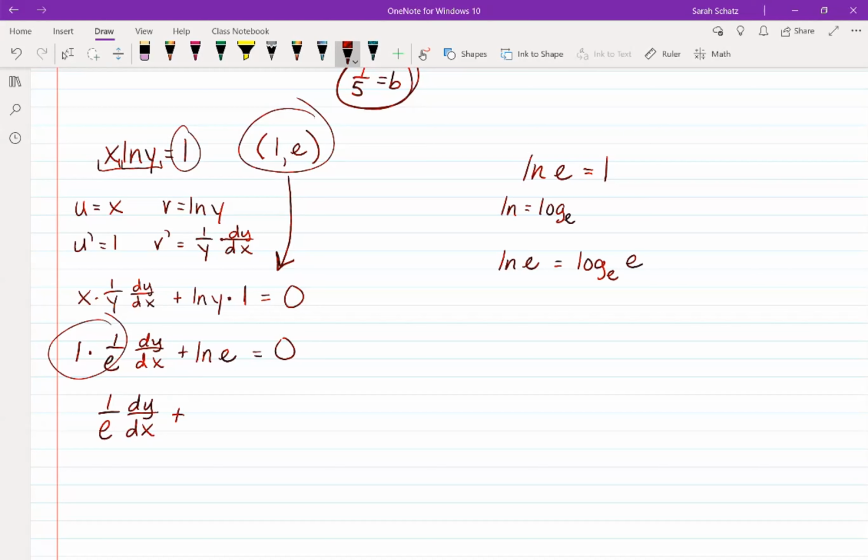What this statement says is the base needs to be raised to a power to get the end result of this number here. So e raised to some power has to equal e. That's what natural log e is telling us.